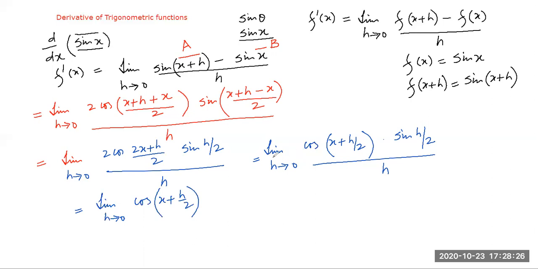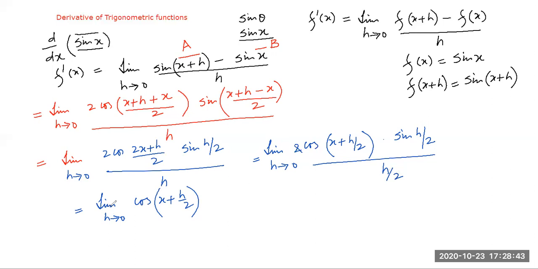Oh yes, we have 2 here, I'm sorry. So we can use this 2 down here with h by 2, so it will be easier, right?